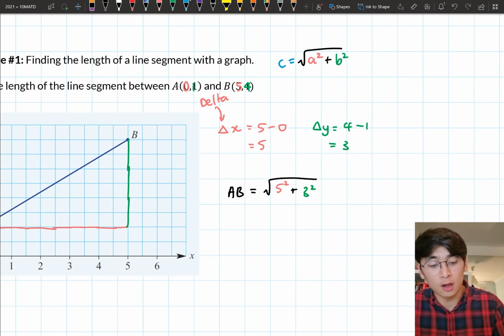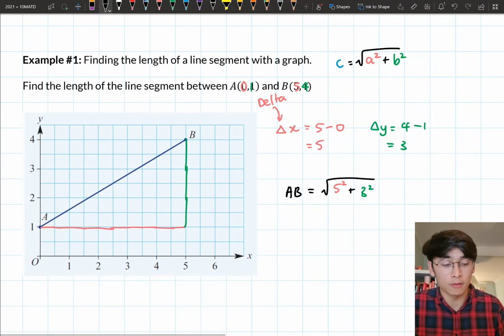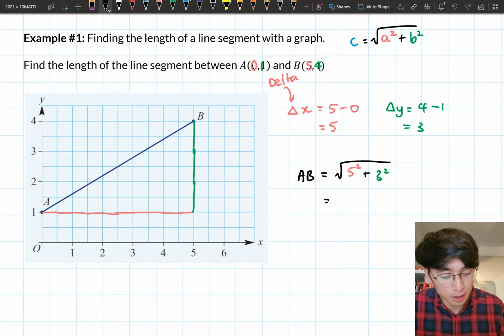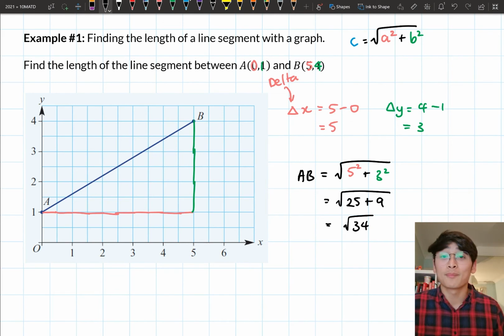So if I want to find how long the slanted side was, I'm just going to take the square root of a squared plus b squared. Here we can put this in our calculator. 5 squared is 25 plus 3 squared, which is 9. And so that gives me the square root of 34.